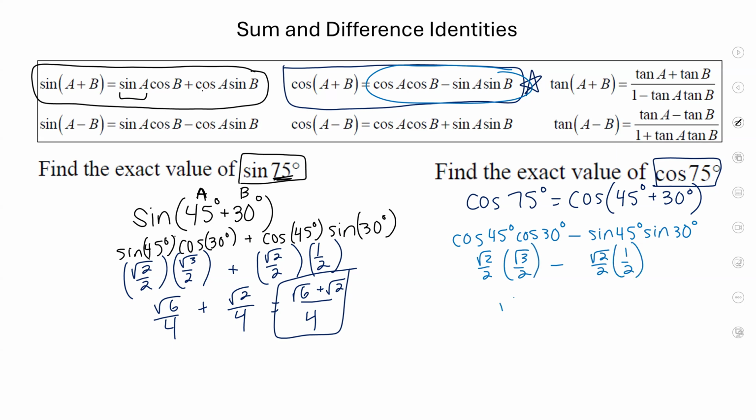Multiplied. These are your two answers. Sine and cosine evaluated at 75 degrees.